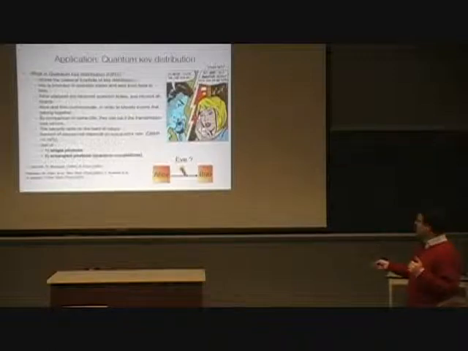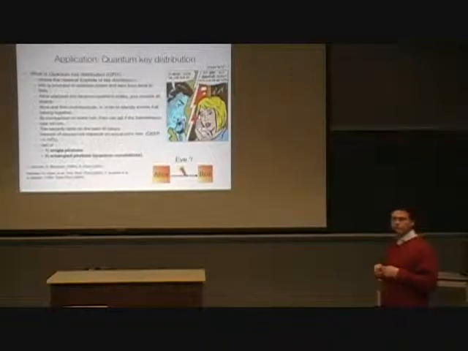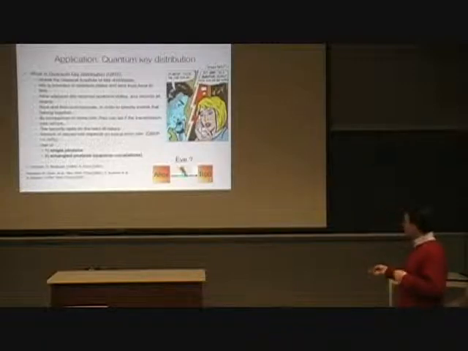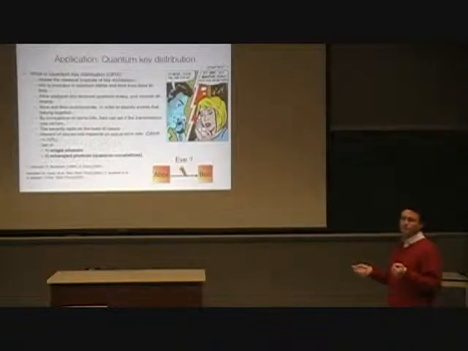Bob does his measurements, and later they talk to each other over a normal public channel, and then they can tell if the photons are okay or not, if they have experienced any disturbance, or if somebody tried to measure them. And so they can tell if that transmission was secure or not.